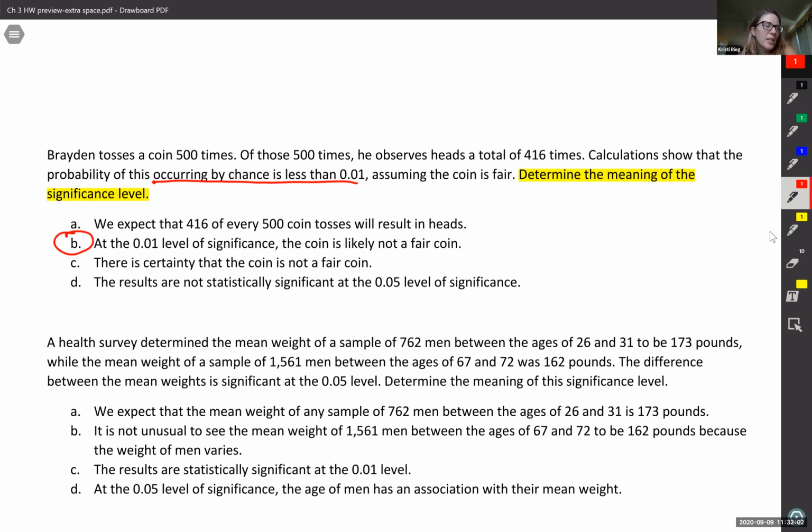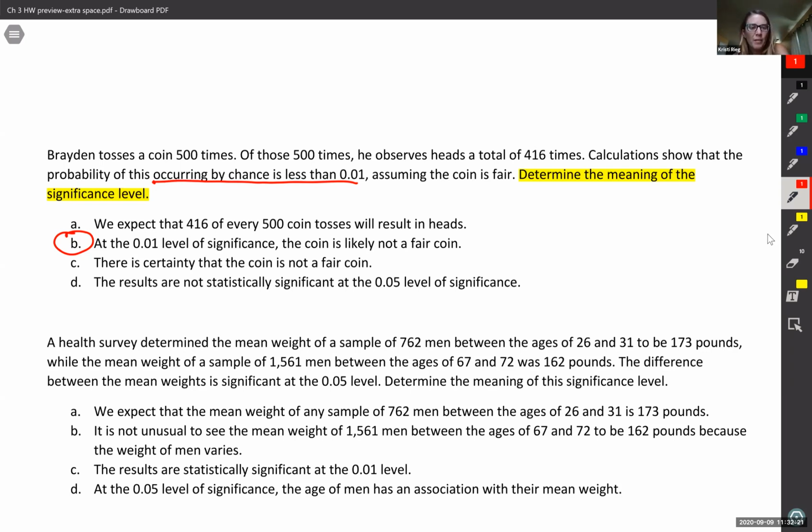In other words, let's just think about this for a second. You flip a coin 500 times and it lands on heads over 400 times. It's likely not a fair coin. So that answer makes sense.